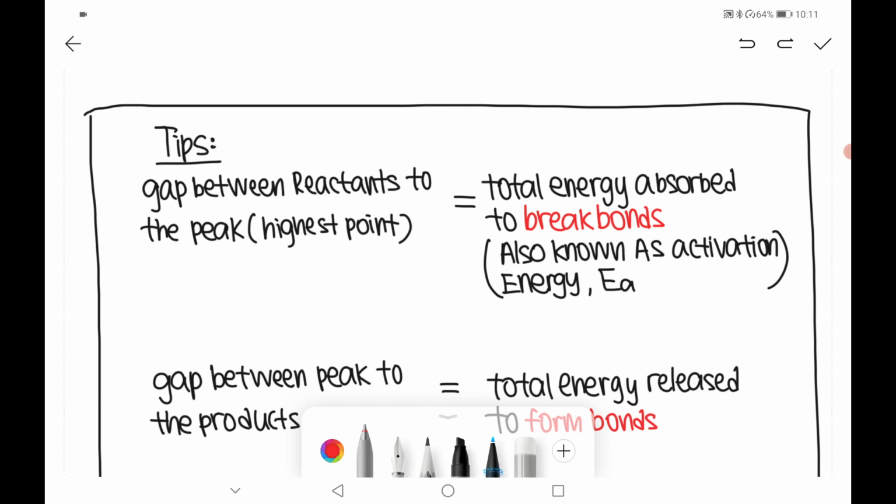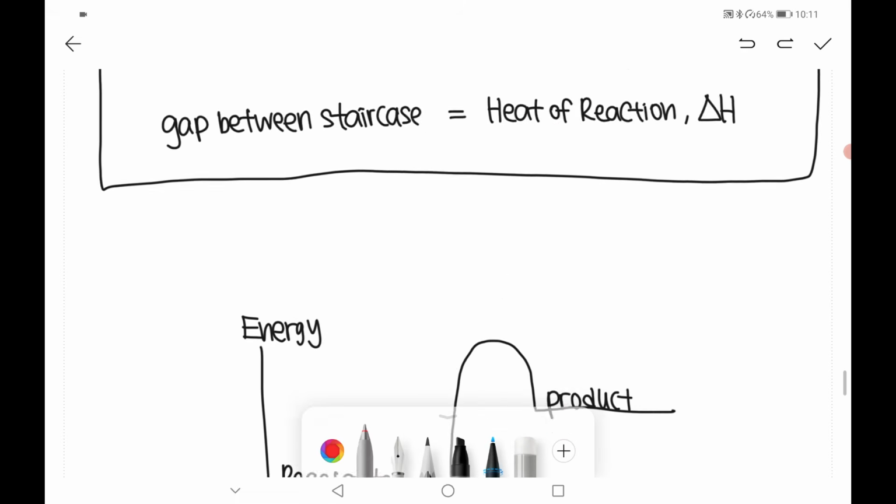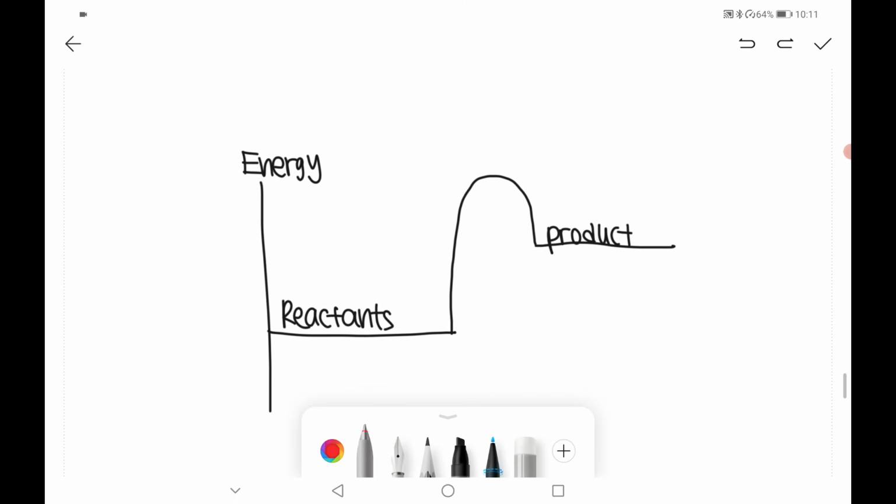The gap between the reactant and the peak is the total energy to break the bond, also known as activation energy. This is something we learned in Form 4, Chapter 7. So you see, this is an energy profile diagram.